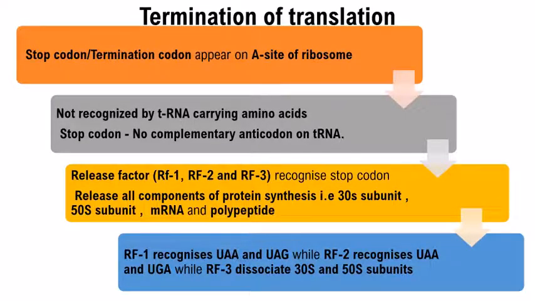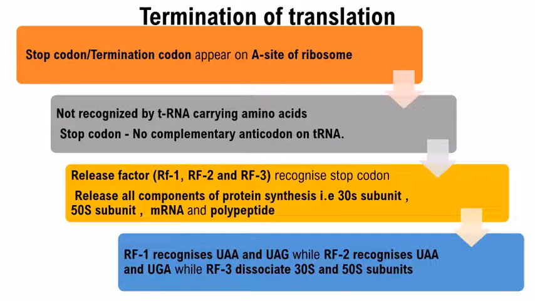Stop codons, instead of being recognized by tRNA molecules, are recognized by another protein which is called release factor. Within the prokaryotic organisms, there are three types of release factors: release factor number 1, 2 and 3. The function of these release factors is to carry out hydrolysis.